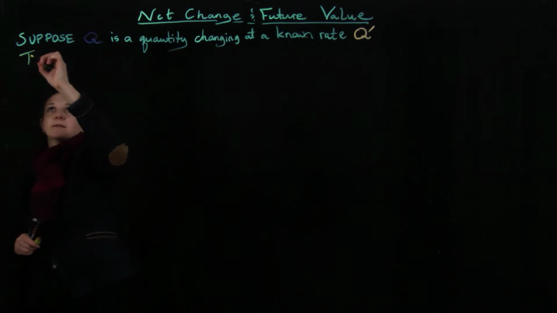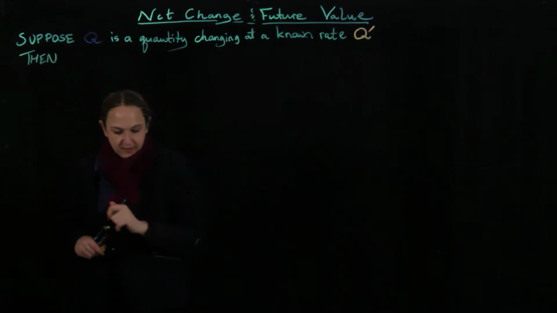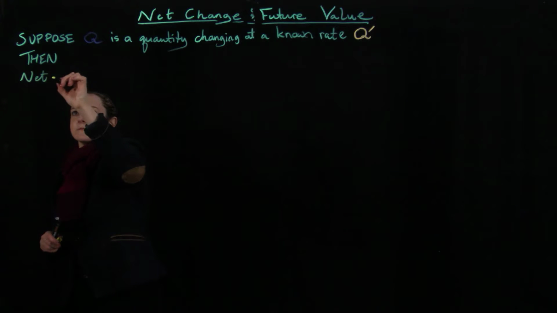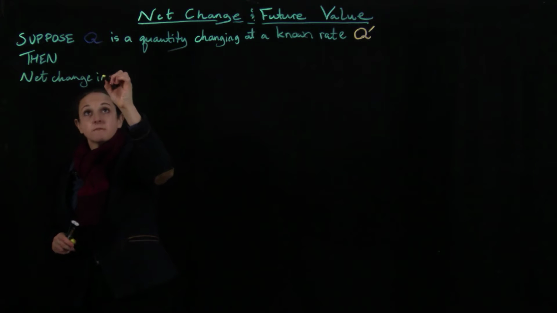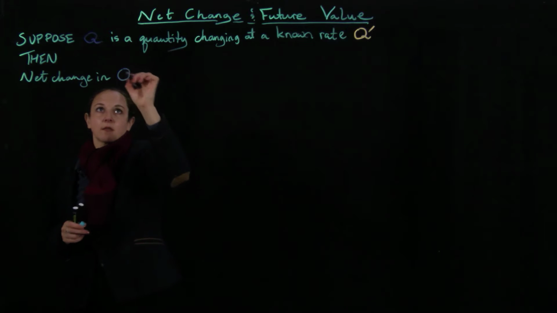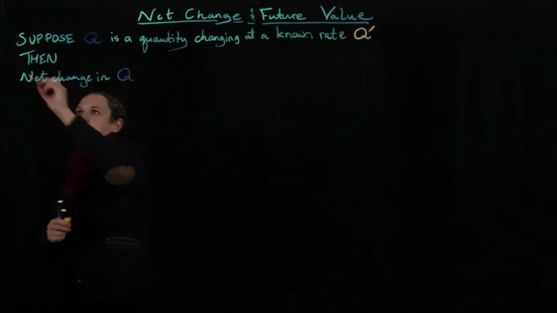So we have two different kinds of definitions here that we should know. The first one is going to be the net change in Q. And we'll box this because this is kind of the terminology.